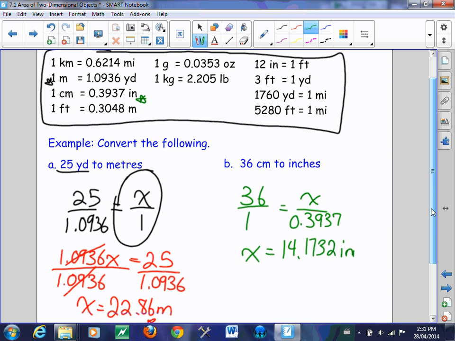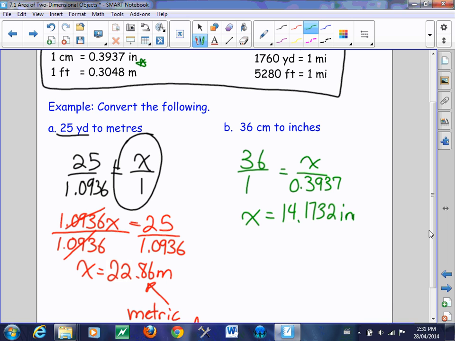Now what I need you to remember, ladies and gentlemen, is inches metric or imperial. Notice that it's actually imperial, which means you cannot leave it as a decimal because imperial has fractions. Okay, so you remember that when you have inches, you can break it down into a whole inch, half, quarter, eighth, 16th, or 32nd.